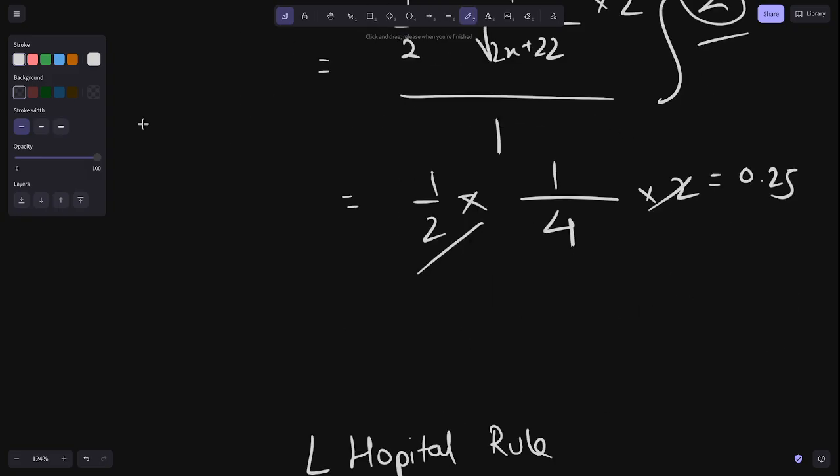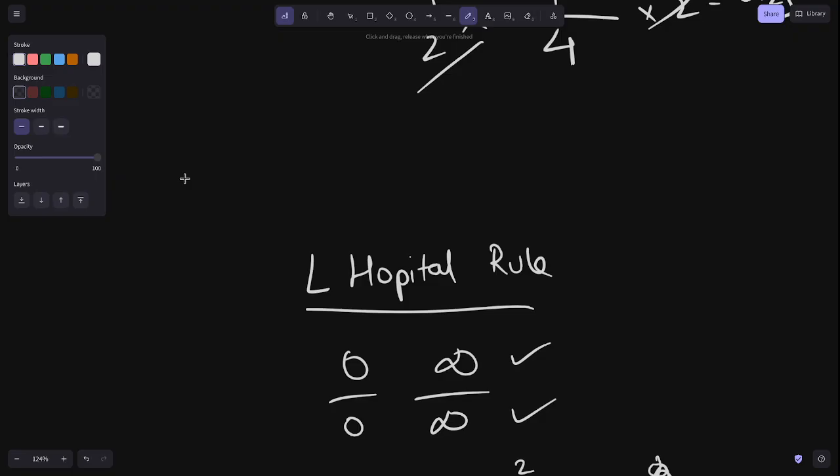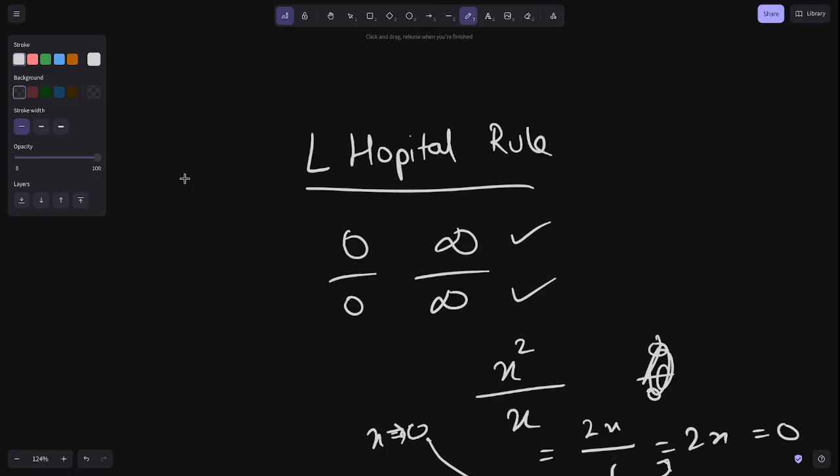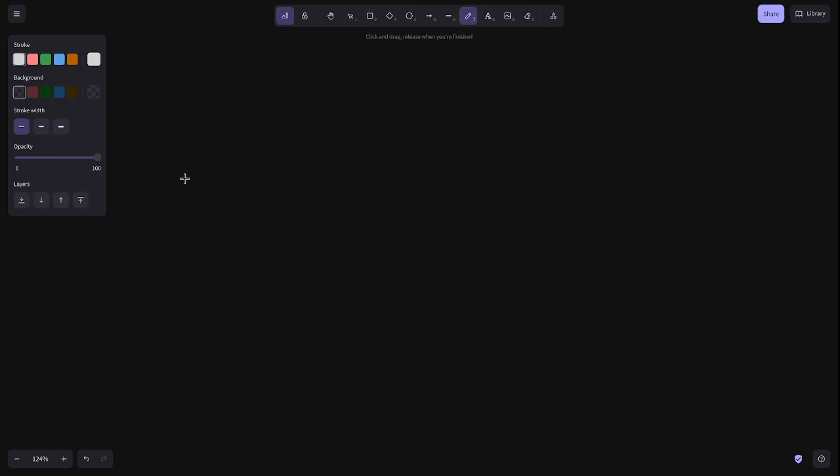Let's do one more limit sum. I guess that would be more refreshing. So for example, let's say I have a limit. Most of your sums can be solved by L'Hopital, by the way. Okay, so it's not something that cannot be solved by L'Hopital. So this is also 0 by 0, no?